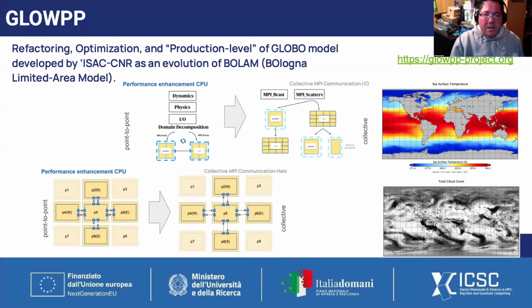It was developed by the Italian National Research Council and the Institute for Atmosphere and Climate Change. And it was made by joining the BOLAM, the Bologna Limited Area Model, a non-hydrostatic mesoscale model, with another part of the model used to compute the polar areas.